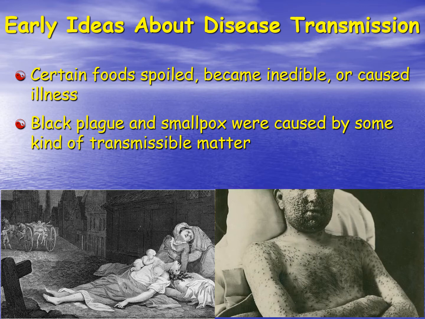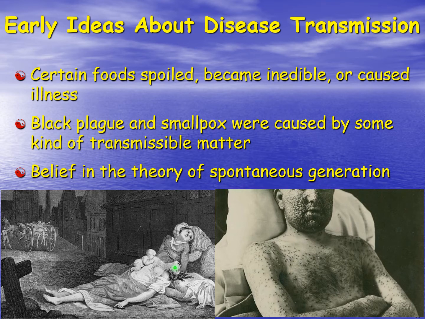But they understood that these diseases were caused by some kind of transmissible matter. What they didn't understand was that these were caused by microbes that were either transmitted from one person to another in the case of smallpox, or through some sort of vector, in this case the rat flea with the plague.